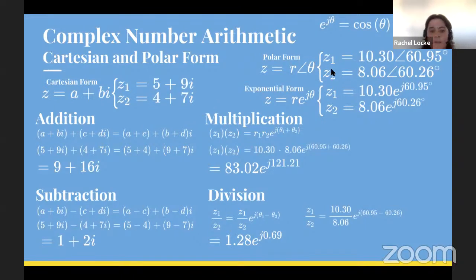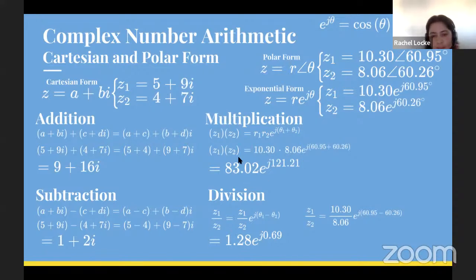I converted them earlier. If we want to multiply two complex numbers together, we multiply the two magnitudes R. In this case, we've got 10.30 and 8.06, and we multiply them together. And then in the exponent, we add the angles.